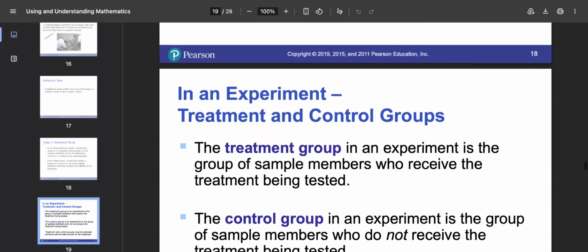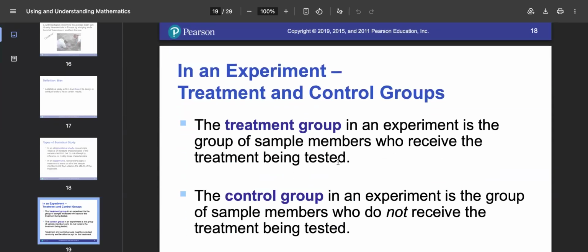Okay. When you do an experiment, you have a treatment group. This is the group of sample members who receive the treatment being tested. And like I said, that could be a drug or it could be something else.